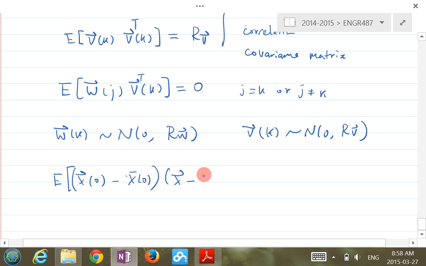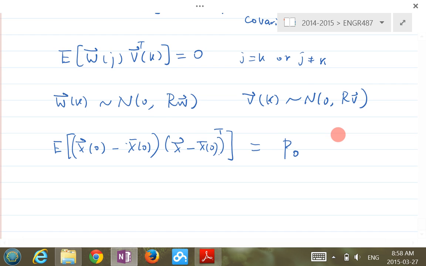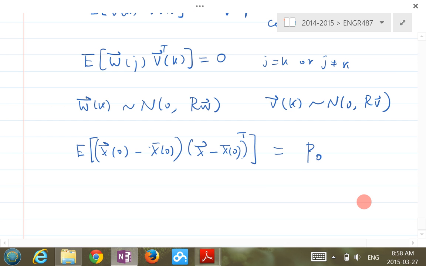If I look at the correlation here, later we'll denote this one as a matrix P naught. This P naught is called the covariance matrix for x initial condition, x of 0.